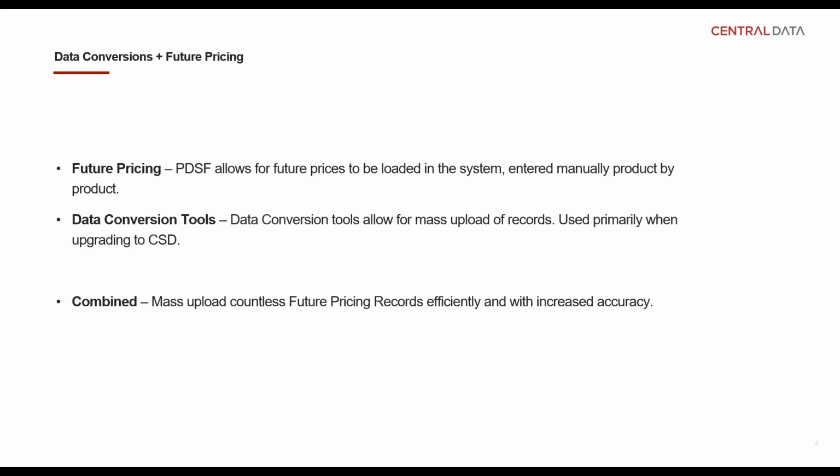These data conversion tools allow us to do all of that en masse, and it saves a lot of time with manual entry, which not only takes time, it is also error prone. If you're doing something hundreds of times to get this piece of data uploaded, there's bound to be some sort of error associated with that. So what we're going to do today is combine these two tools to get those future pricing records in efficiently and with increased accuracy.